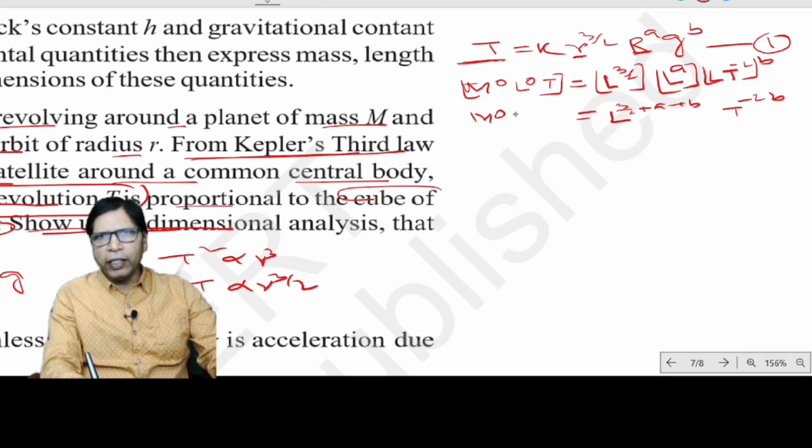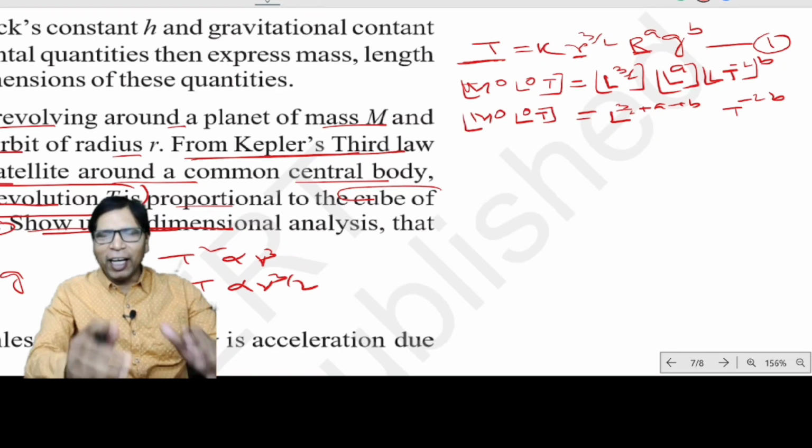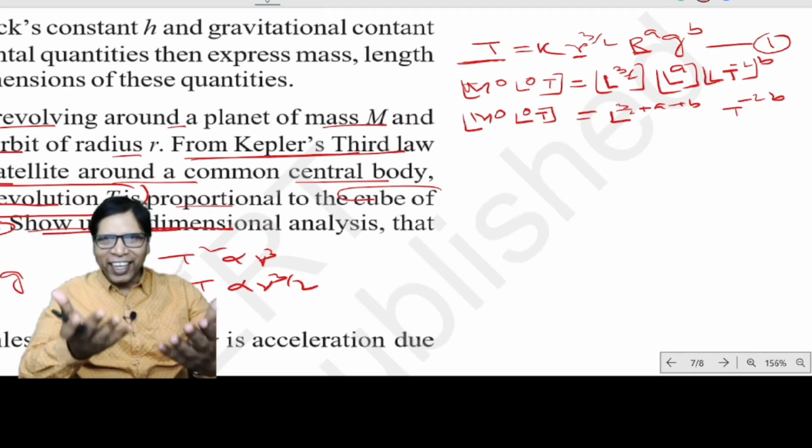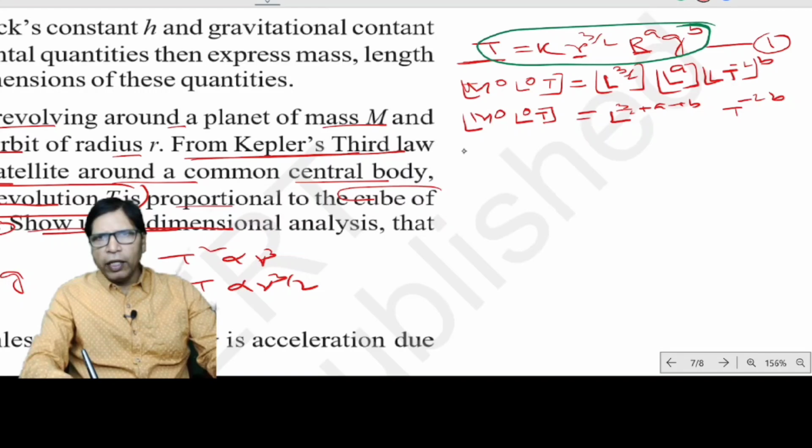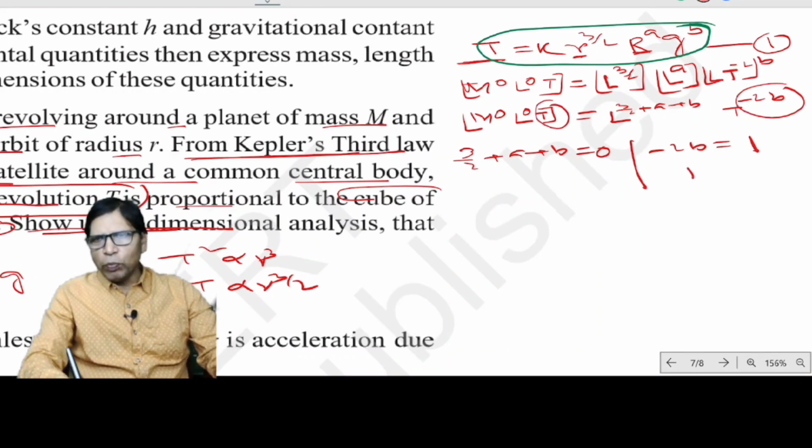Now applying the principle of dimensional homogeneity, that means the dimension of LHS is equal to the dimension of RHS. So power of L equals power of L: 3 by 2 plus a plus b equal to 0. Again, minus 2b equal to 1, because power of T is equal to power of T. So b equals minus half.